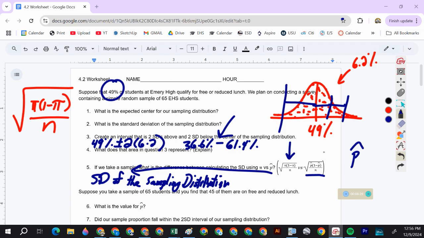So this, don't write this down yet, that is a standard deviation that is based off of a single sample. And because of that, we don't call it a standard deviation. We refer to this as the standard error. Go ahead and write that down. Standard error.